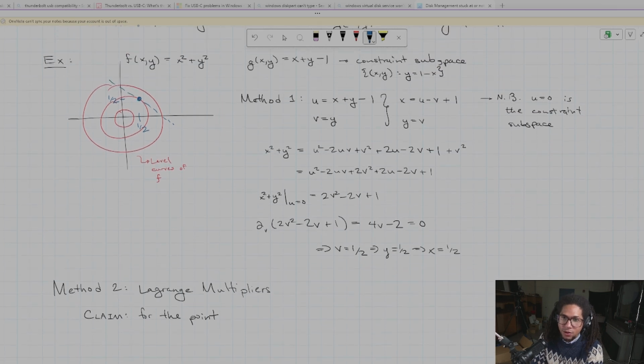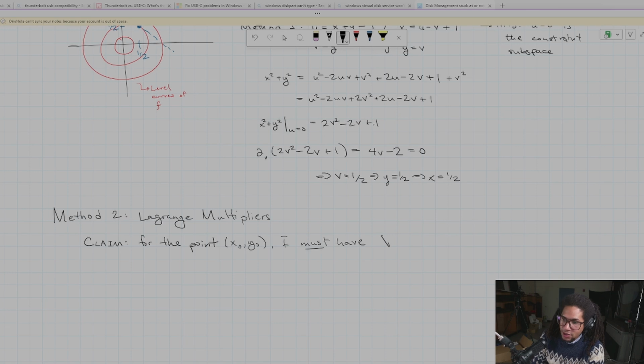For the point x naught, y naught, I must have that the gradient of f evaluated at x naught, y naught is proportional to, or is parallel to, the gradient of g at x naught, y naught. Okay, let's do the proof by contradiction.